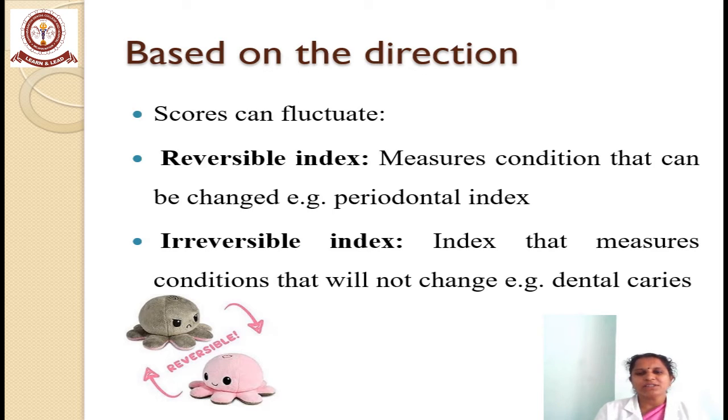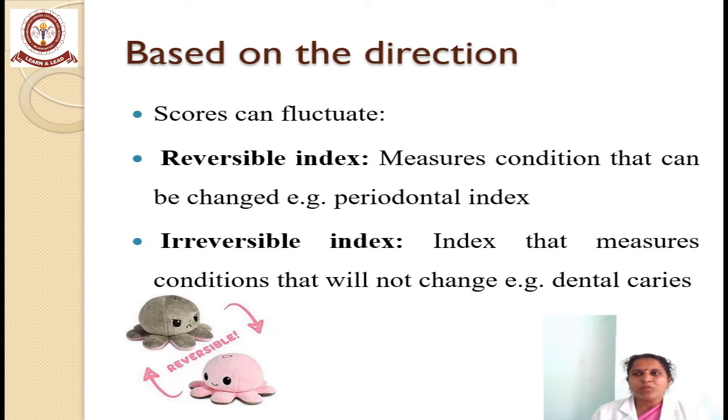And irreversible index is an index that measures conditions that will not change even after doing treatment. Suppose a patient is having dental caries in 3/6. DMFT index is the index to measure dental caries, that is decayed, missing and filled teeth due to caries.